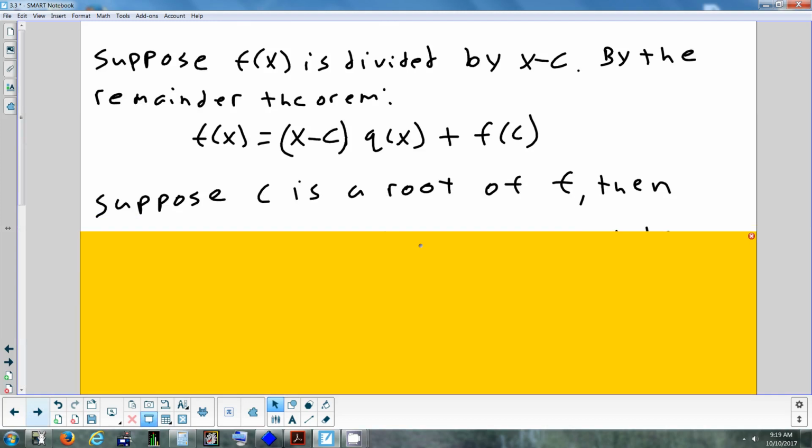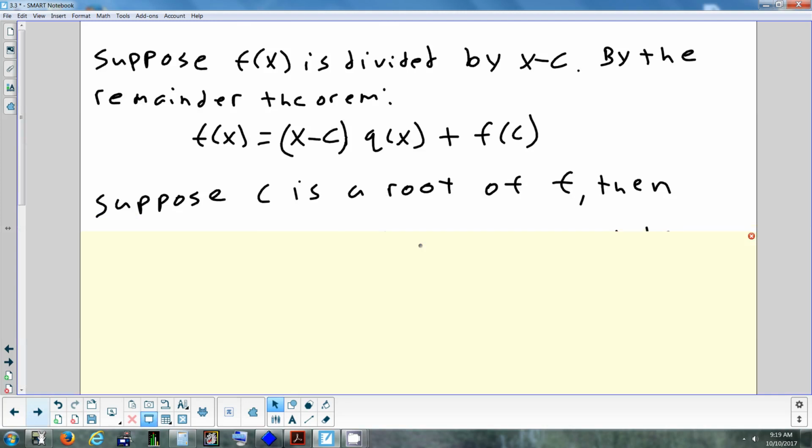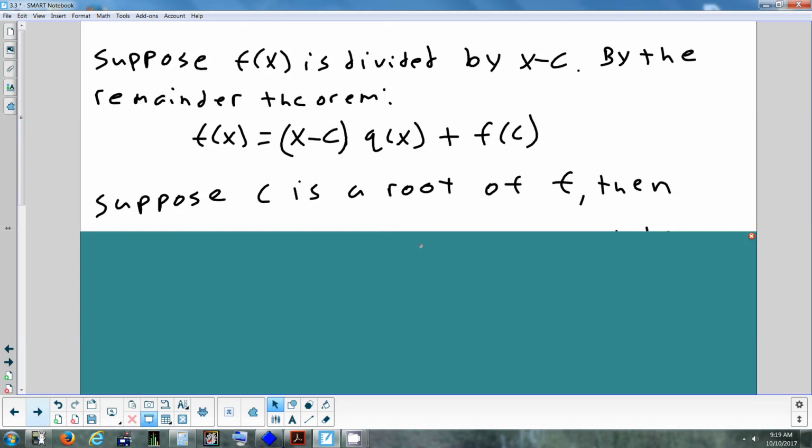All right. So, kind of going back to that formula that we came up with, this f of x equals your denominator times your quotient plus your remainder. So, if you divide by x minus c, then this is what the remainder theorem tells us.